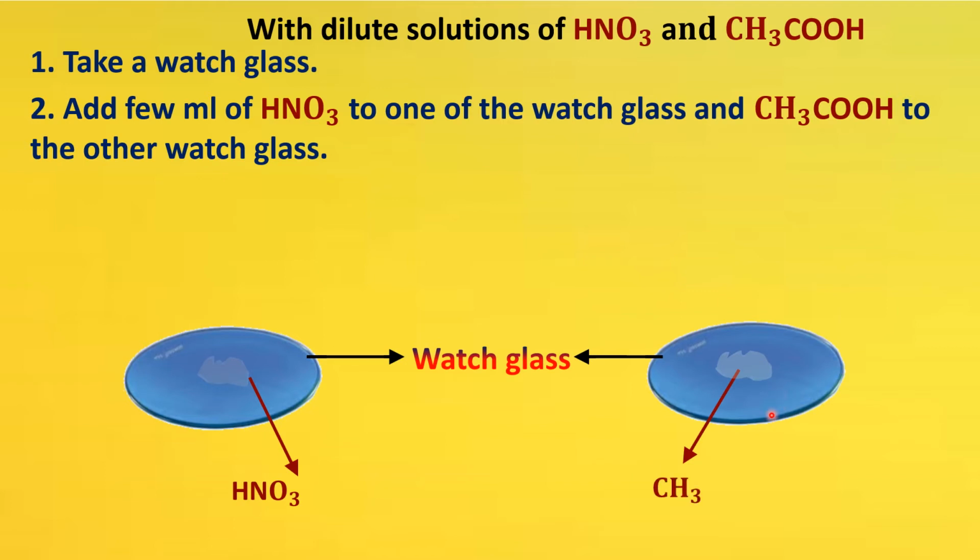This is also called vinegar. The mixture of pure acetic acid with water is called vinegar, so this is a dilute solution. Now we'll test these two solutions again with blue litmus and red litmus paper, and observe the changes.